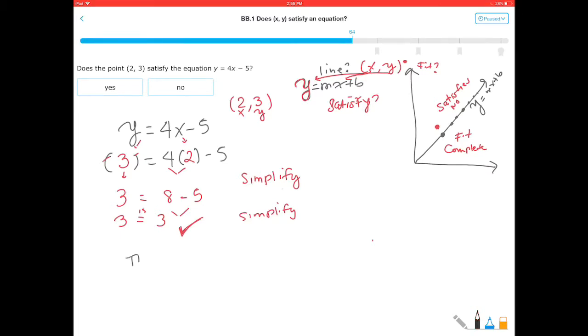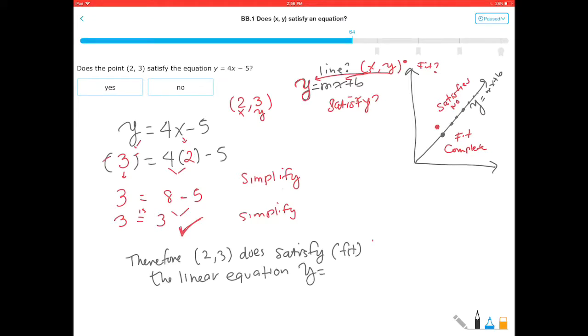And so you would say, therefore, the ordered pair (2, 3) does satisfy. That means fit. It does fit or complete or lie on the linear equation y equals 4x minus 5, because this is a true statement.